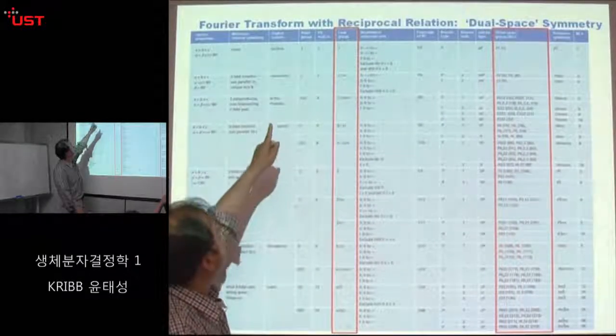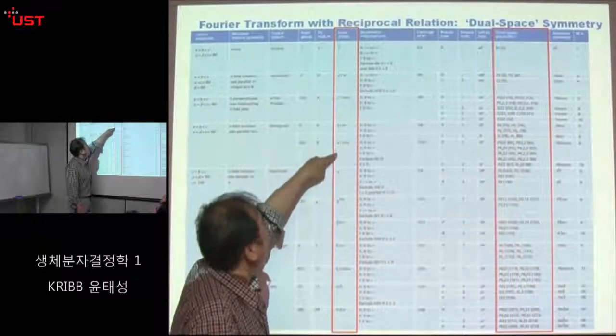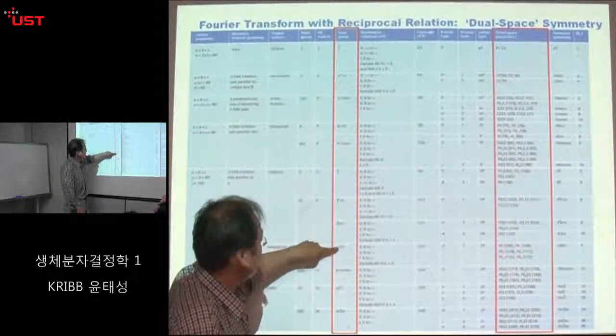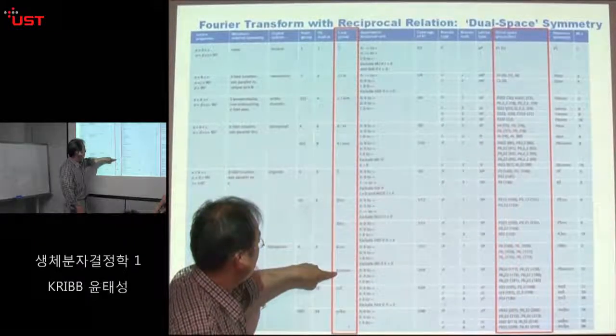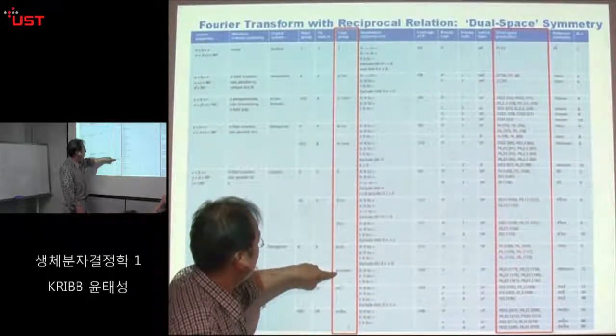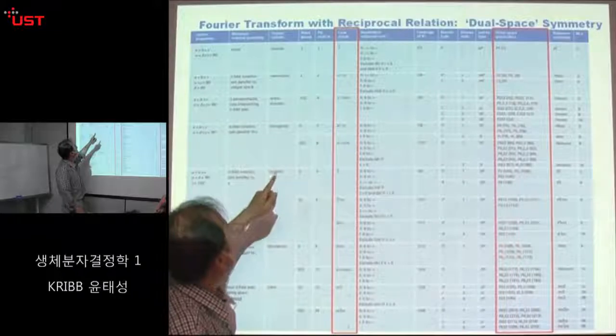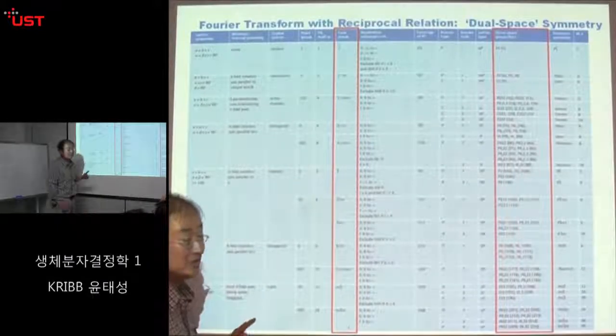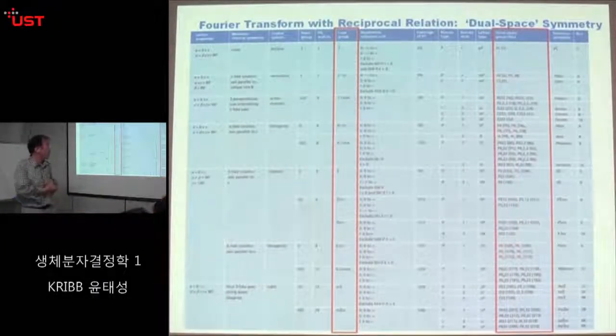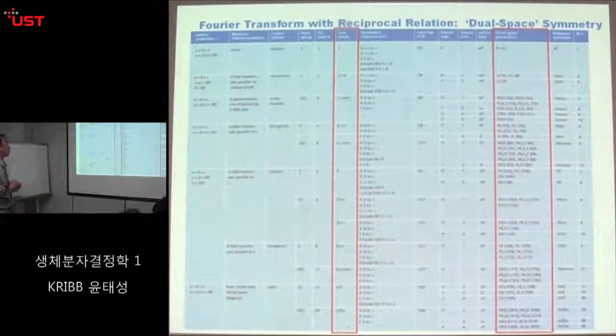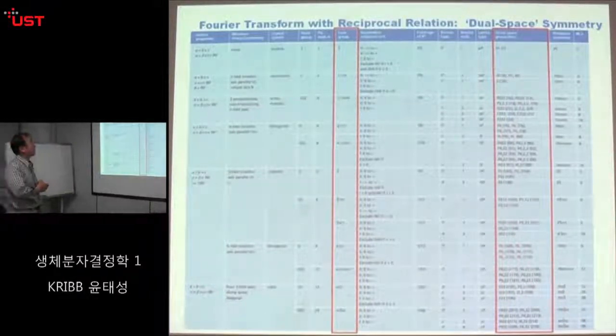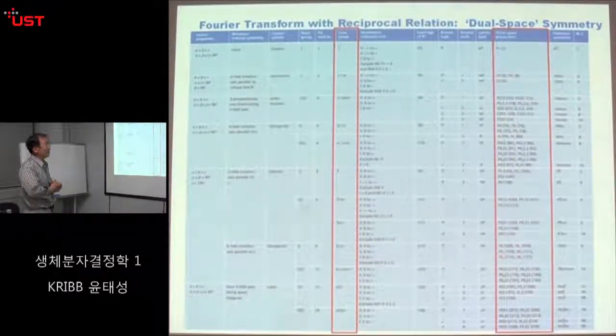So 1, 2, 3, 4, 5, 6, 7, 8, 9, 10. Did I make some error here? Total 12? 12. Okay, I made something wrong. So 12 Laue groups and 64 space groups, 65, I'm sorry.